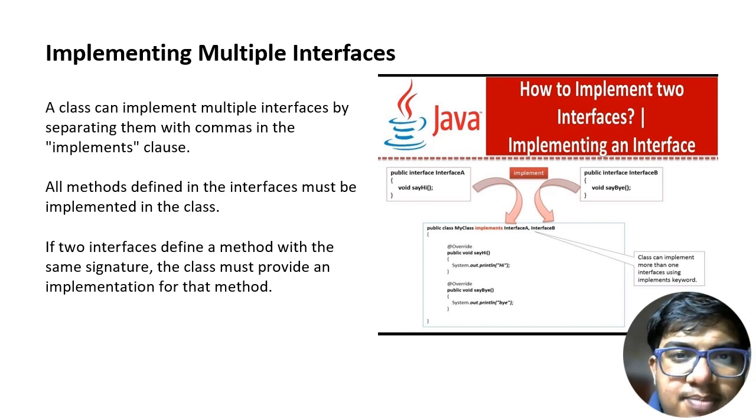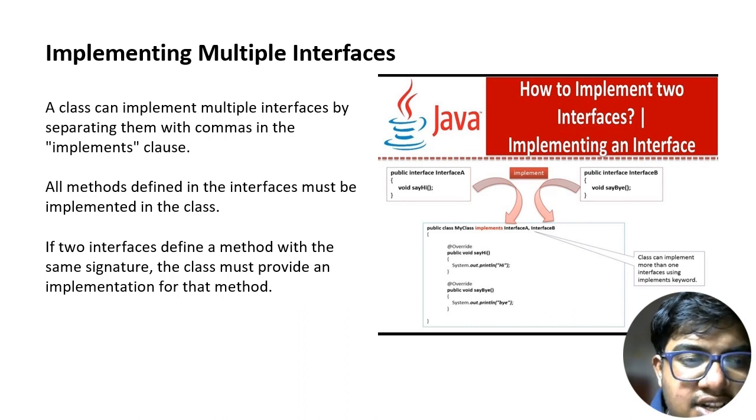Implementing multiple interfaces. A class can implement multiple interfaces by separating them with commas in the implements clause. All methods defined in the interface must be implemented in the class. If two interfaces define a method with the same signature, the class must provide an implementation for that method.